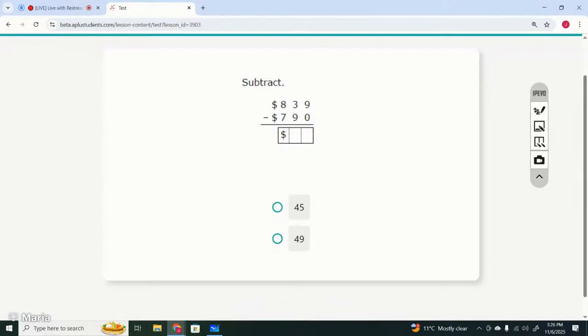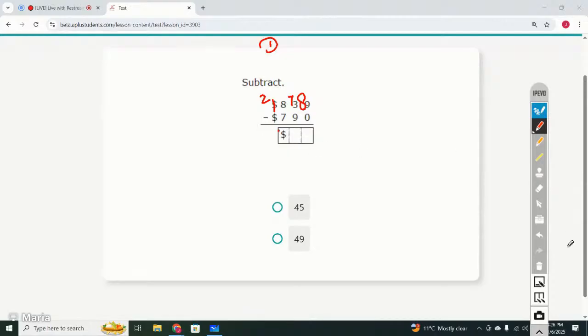For money amounts, we add and subtract exactly the same way we do with numbers, right? 9 take away 9 is 0. 3 minus 9, we cannot, because we cannot subtract a greater number from a smaller one. So we need to borrow 1, that is 13. 13 take away 9 is 4.